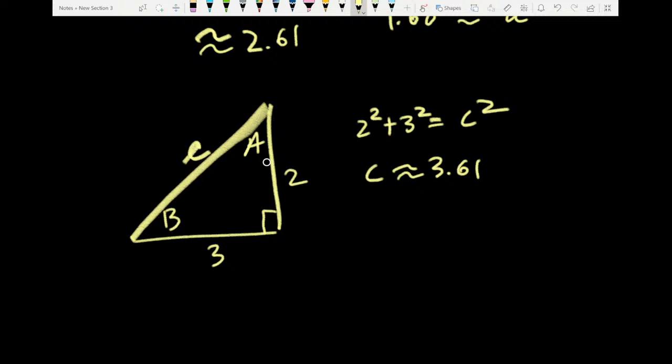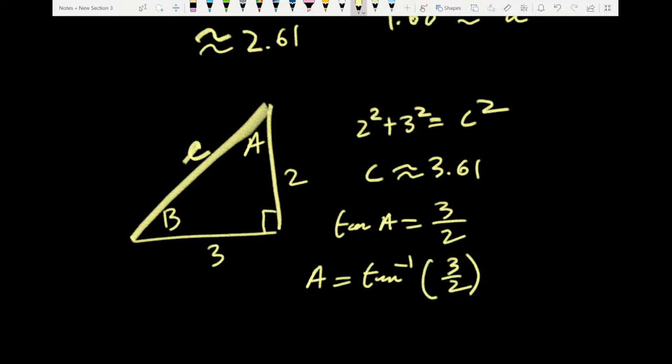Now from that, how do we find this missing angle? It's super easy. Let's use tangent of A equals opposite over adjacent. So how do we get A by itself? Tangent inverse of 3 over 2.